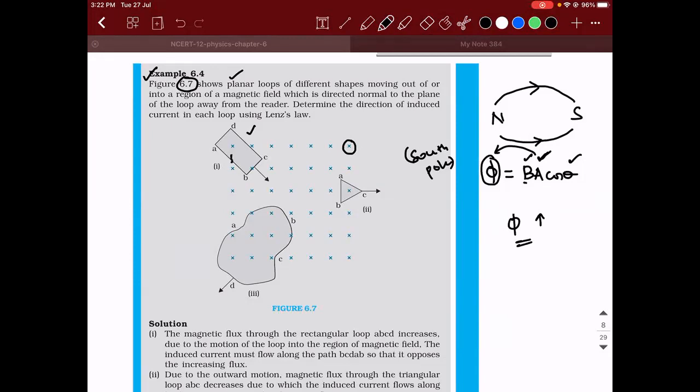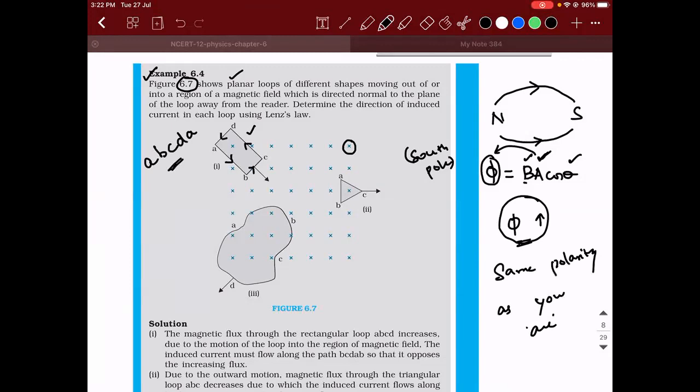It should be in the anti-clockwise direction. Right? When it is anti-clockwise, what is the direction of induced current? It is ABCDA. It is only because flux is increasing, same polarity as you are. If flux is decreasing, opposite polarity of you.